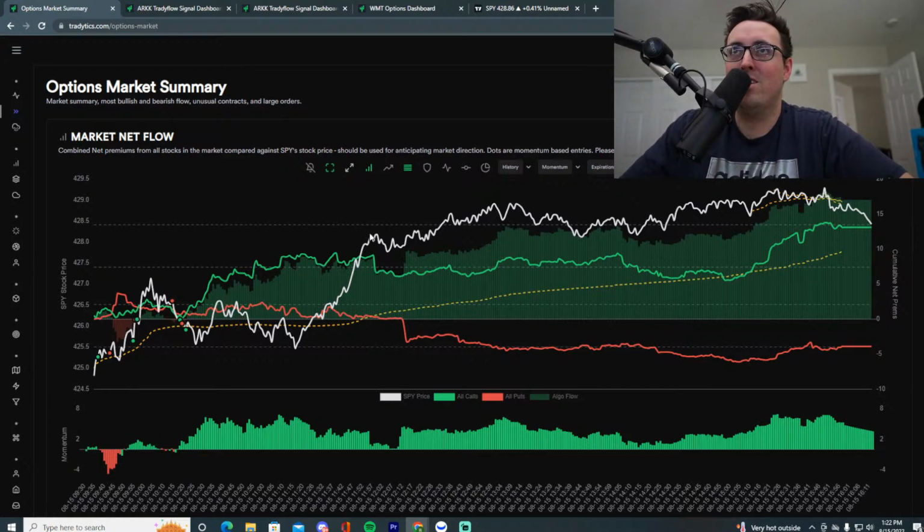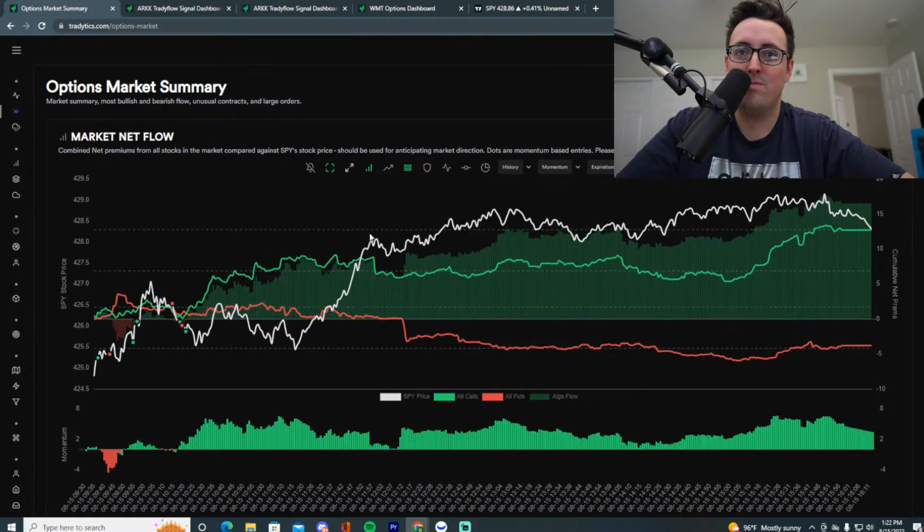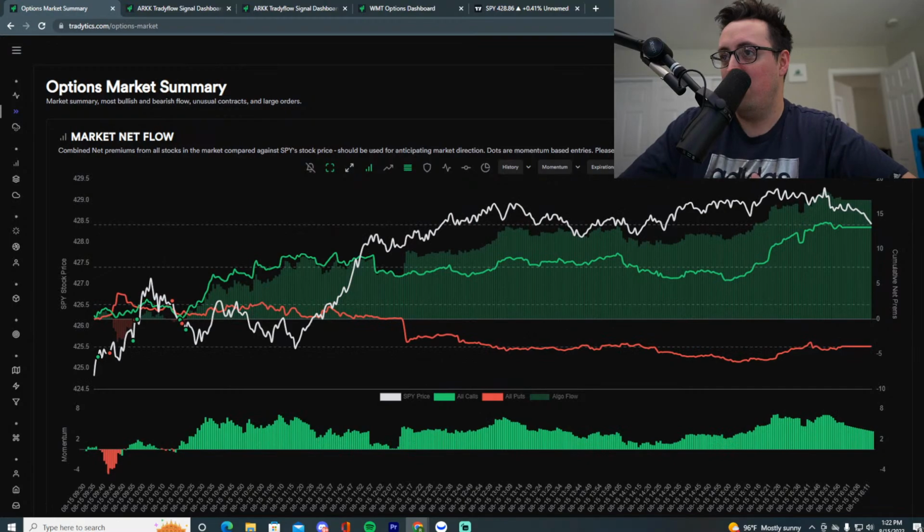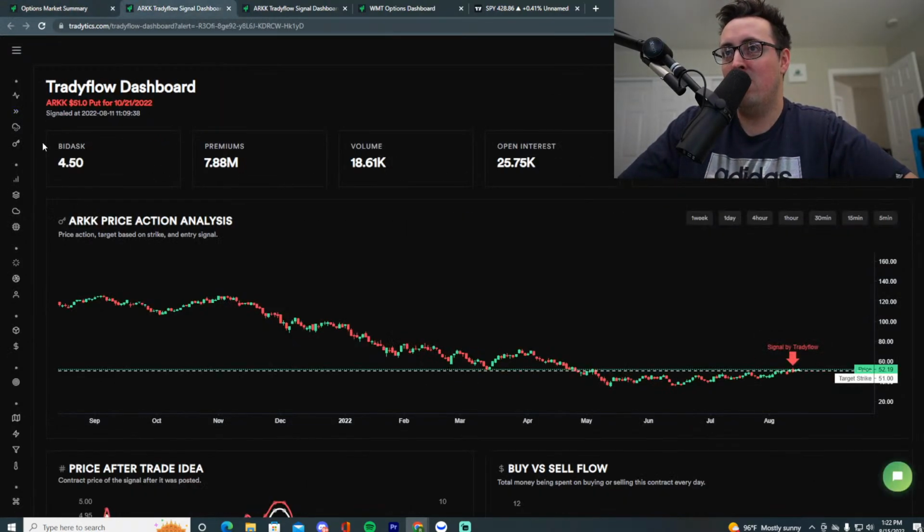I remember I was on a cruise with my family and a TradingFlow came out for a same day expiration Nvidia call. And those are pretty rare. When large TradingFlows come out like that with a same week expiration, those are the ones you want to get into. I remember that one hit so hard. There hasn't been any of those lately.